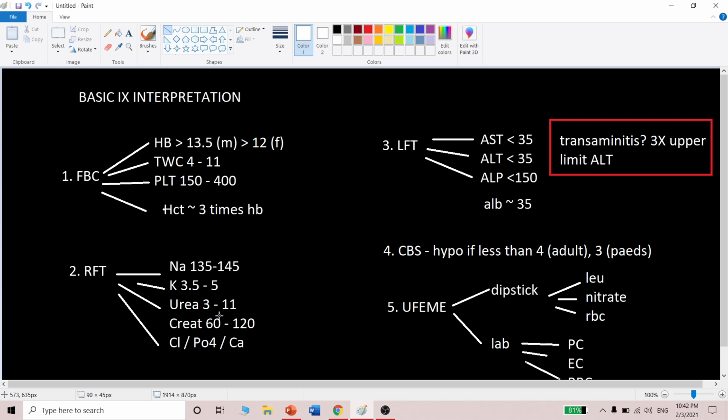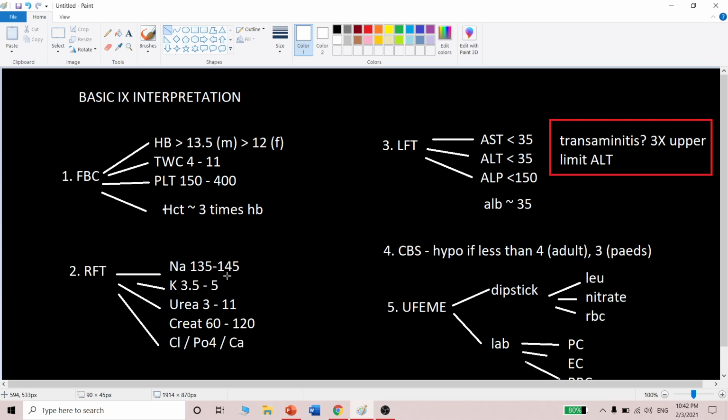So ataupun patient-patient kita yang ada CKD, nak tengok evidence of acute on chronic CKD. So of course you akan hantarlah your RFT untuk tengok. Another case yang usually kita hantar juga bila mana patient kita ada evidence of obstructive uropathy. So you nak tengok whether dia impact your renal function, so you hantar juga RFT.